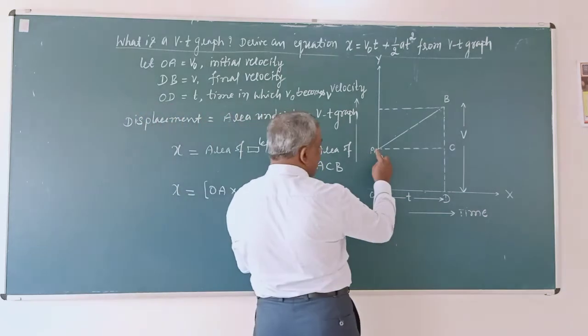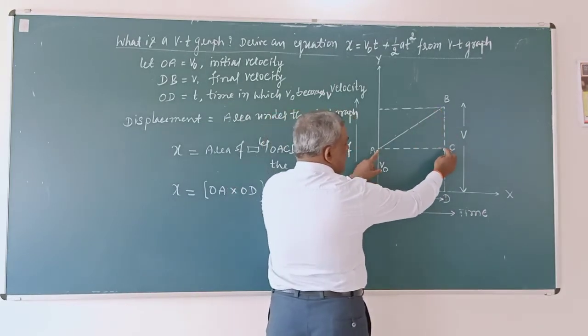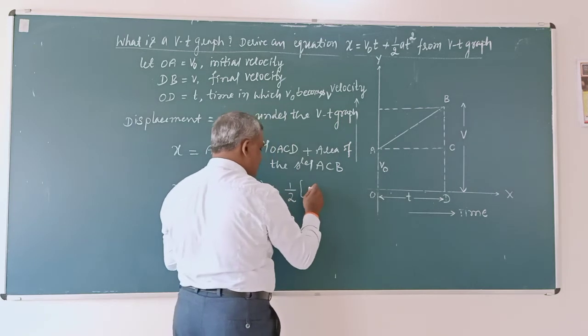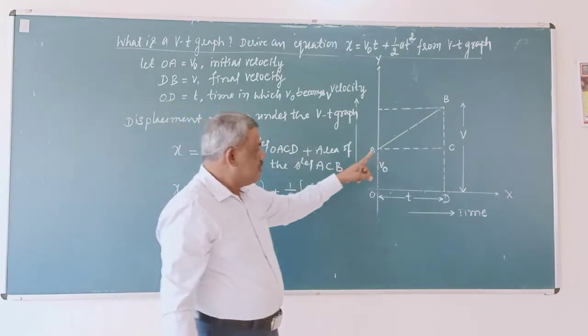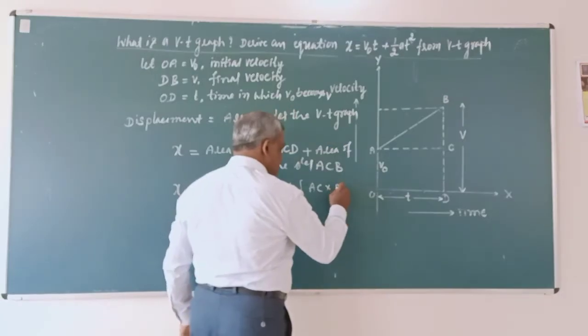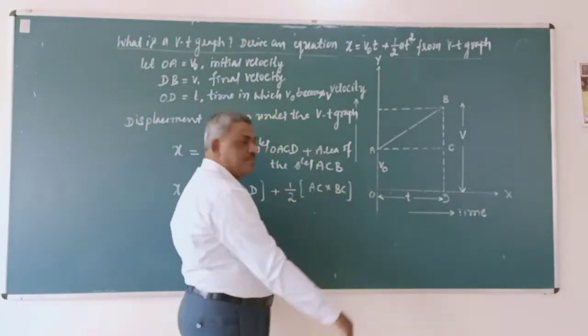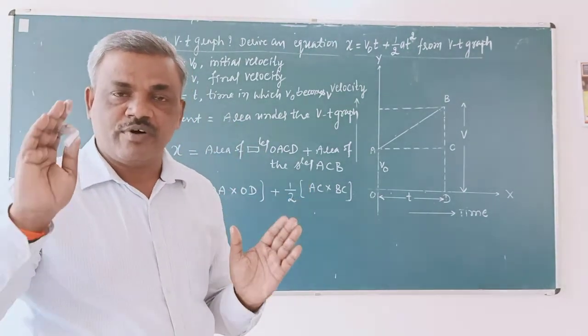So this is the triangle ACB. Now the base is AC, and the height is BC. Students, now observe this point.